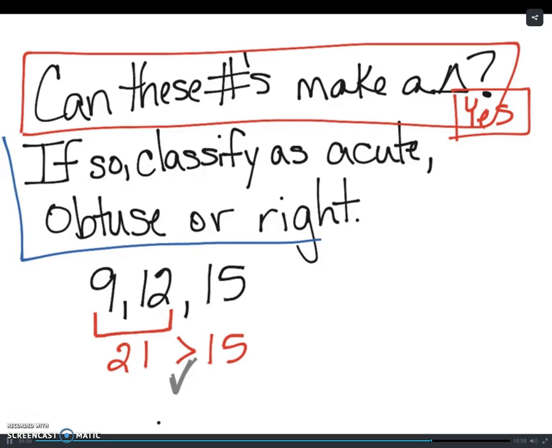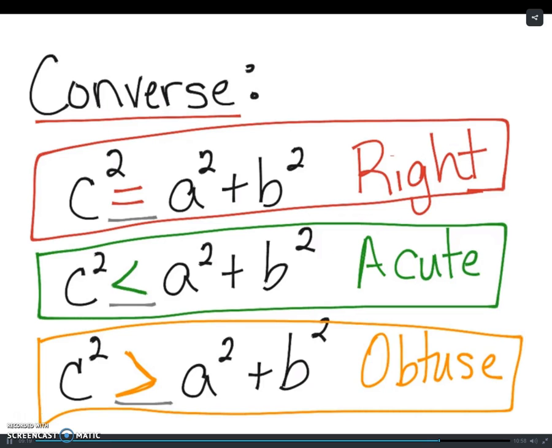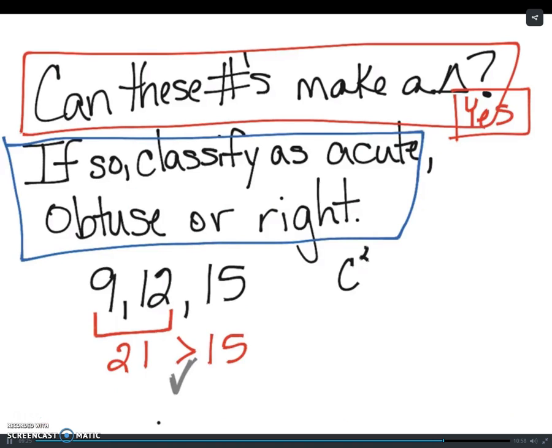Second of all, they want us to classify this triangle as either acute, obtuse, or right. For this one, we have to plug it into our formula we looked at on the previous page. Okay, we're going to have c squared, and then we're going to leave a blank, and we're going to have a squared plus b squared. Keep in mind, your hypotenuse has to be the longest side.